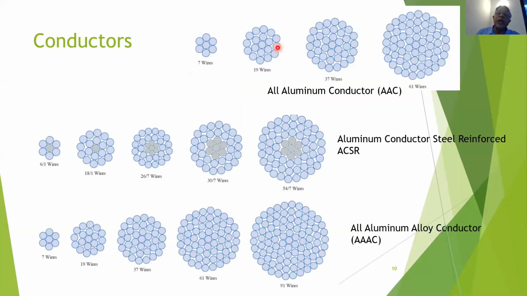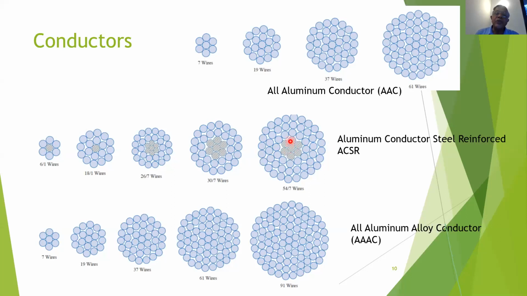All these strands are aluminum, and these are the conductors used for LV lines, 400 volt lines in Sri Lanka, and very rarely these also are used inside the substations for very slack spans, whenever a substation has bus connections as stranded conductors.